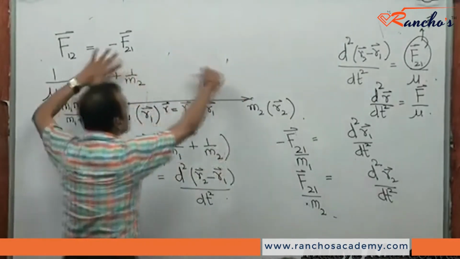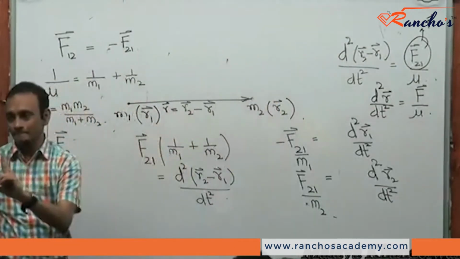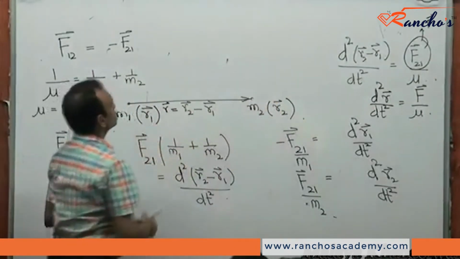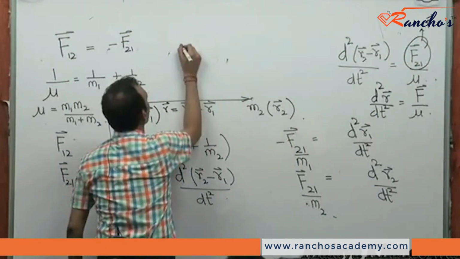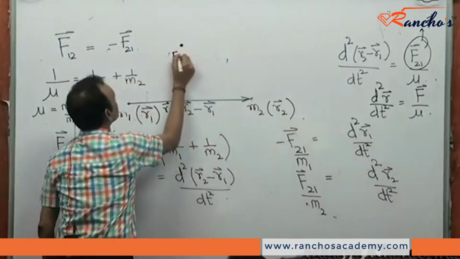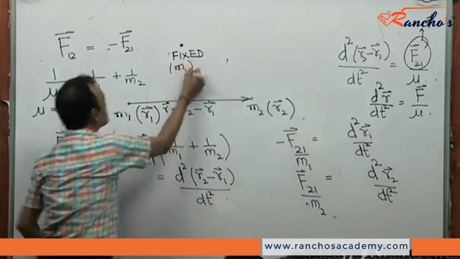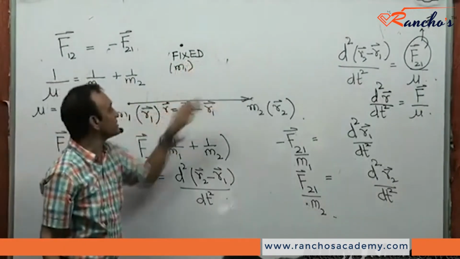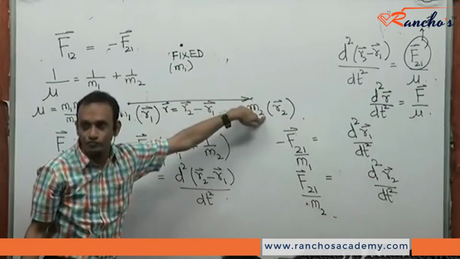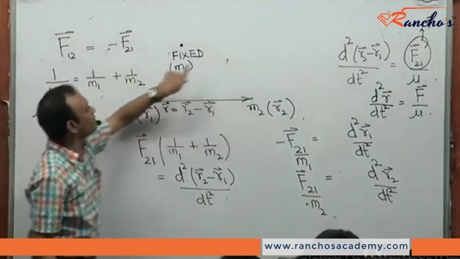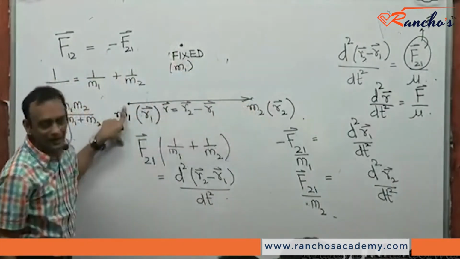That means this system of particles could be reduced to a fixed particle m1, which is like our observer, because m1 is observing r, which is the position of 2.